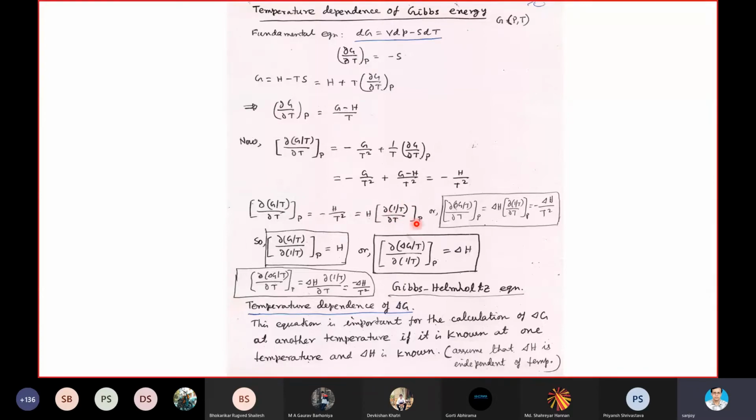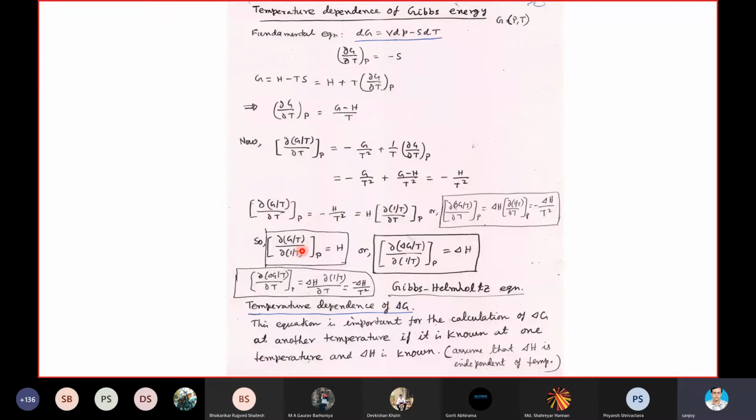This is independent of whether pressure is constant or not, but since the whole process is at constant pressure, when you write a partial derivative you have to write which condition is kept constant. Because in a partial derivative you always have two variables: only one is changing, the other is constant. Here there was no derivative, so I did not write anything, but since I'm bringing in a partial derivative form, I'm writing constant pressure. So this is the one expression I get.